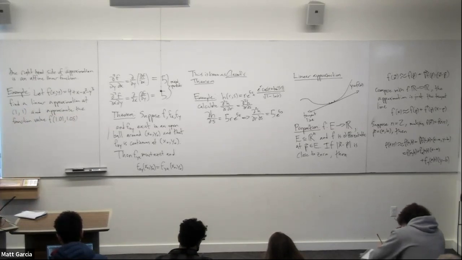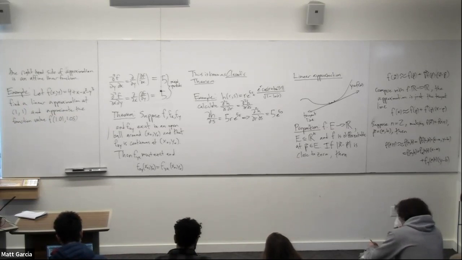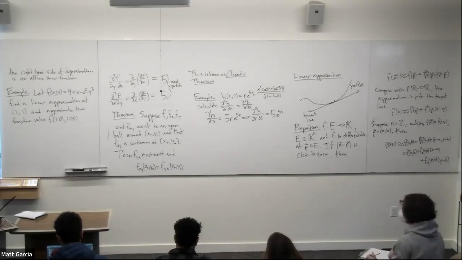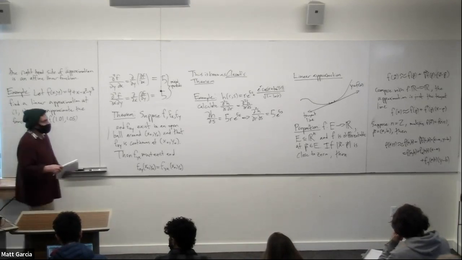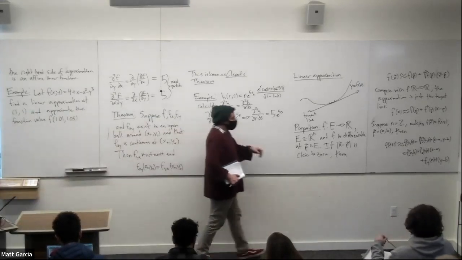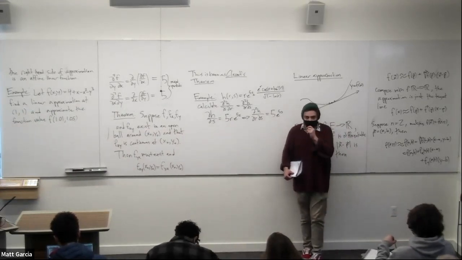Okay, so what information do we need in order to come up with a linear approximation in the first place? Okay, so remember x and y here are the variables, so we're not going to assign them values.